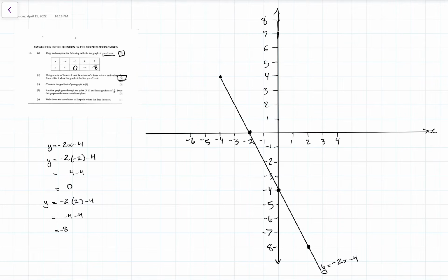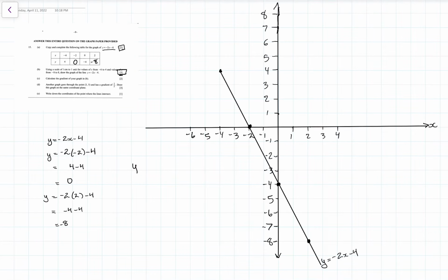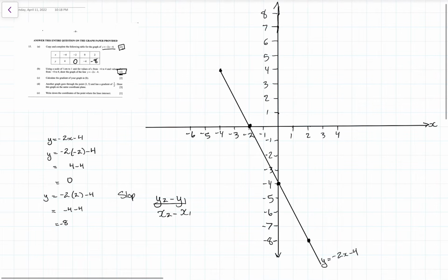And it says to calculate the gradient of your graph in B. So knowing the gradient formula, which is going to be y2 minus y1 over x2 minus x1. Let me just move this over a bit and name this slope. Slope is gradient.